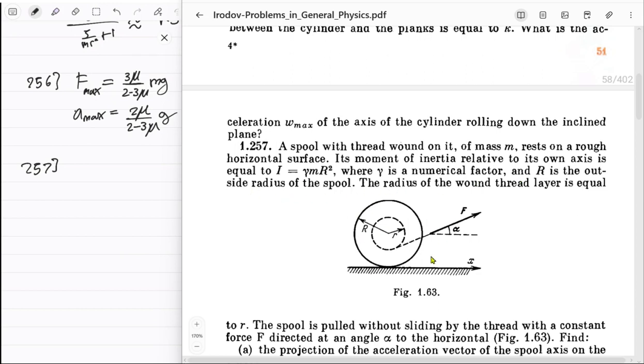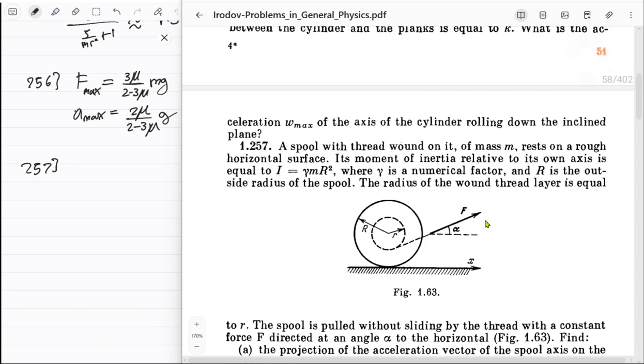Okay, so you've got a spool with thread wound on it. Its own axis is given, fine. The radius of the wound thread layer is equal to the outside radius of the spool.